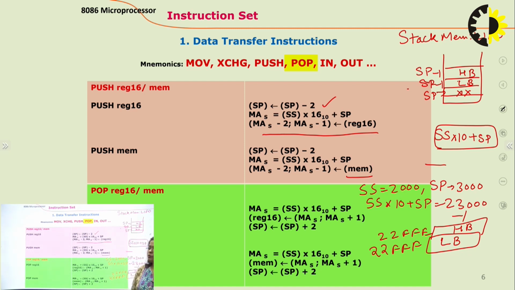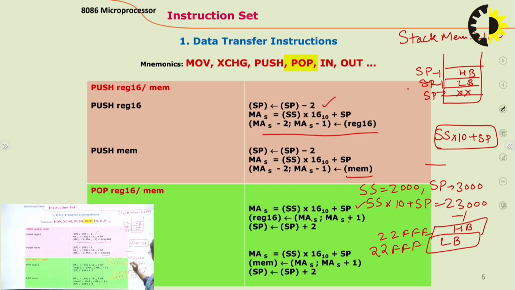The reverse of push is the pop operation, that is, to read out data from stack memory we use pop operations, and the address is calculated in a very similar manner, that is SS into 10 plus SP, and the content of address and address plus 1 gives the lower byte and higher byte.